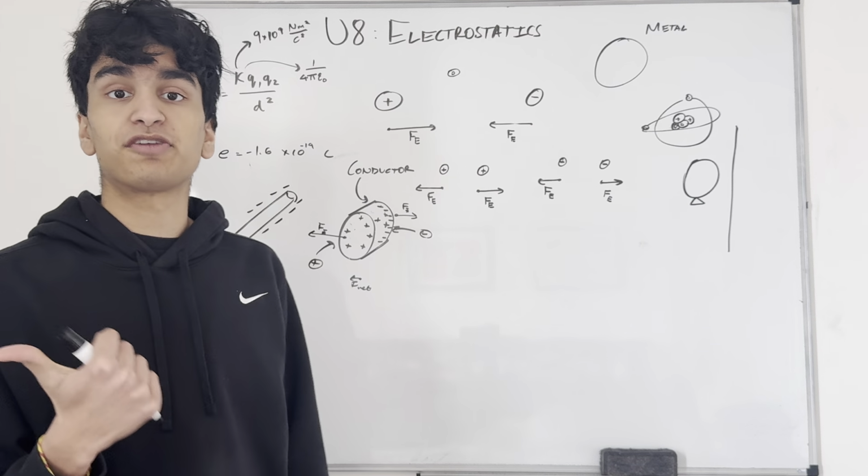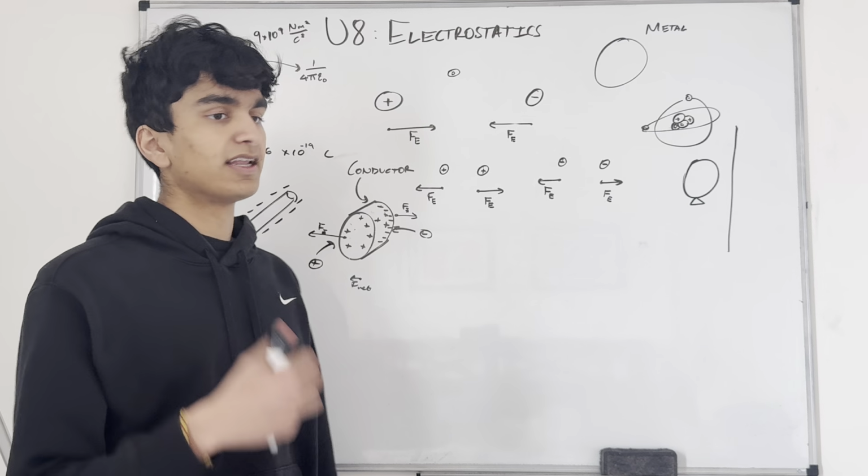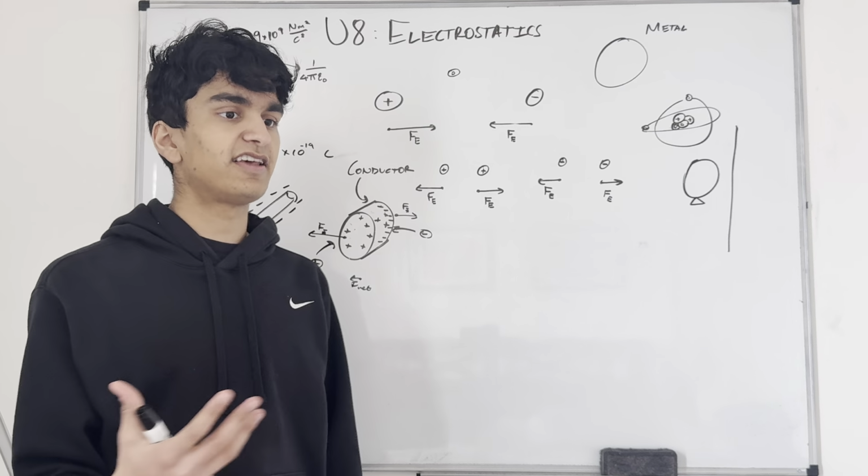First of all, there's charging by contact. Let's say I have something that's already charged, like a rod or a Van de Graaff generator, and I want to transfer some of the charge over. I can charge an object by doing this.